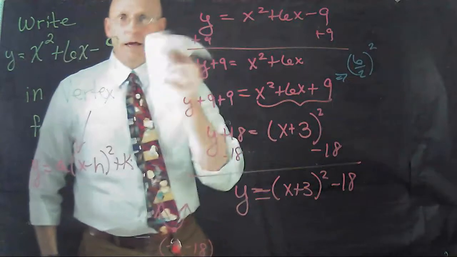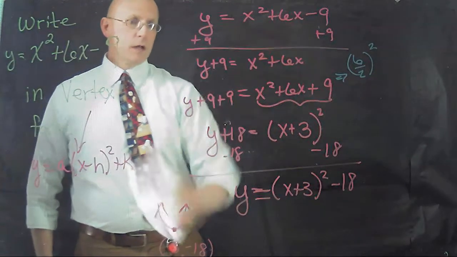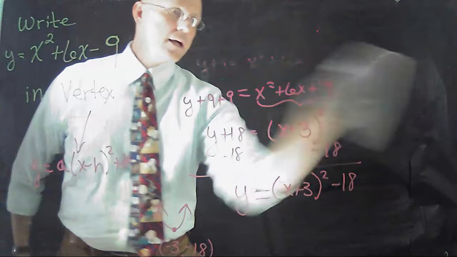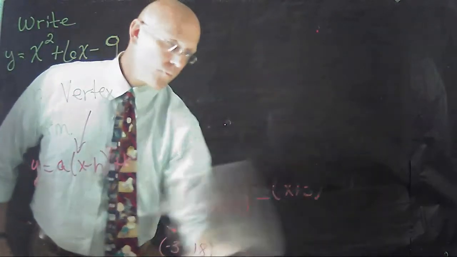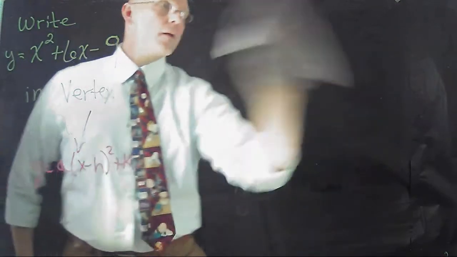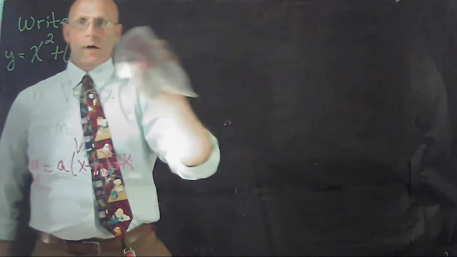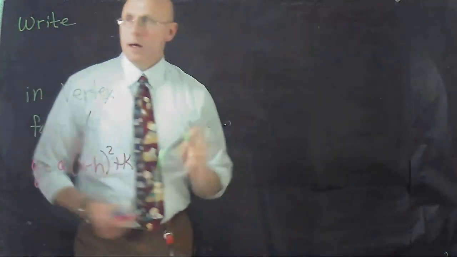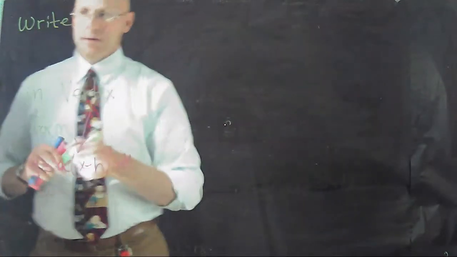We're going to do another one like this, okay? We're going to do another one where we write it in vertex form. So I'm going to erase this one and we're going to put a new problem in here. Okay, so I'm going to make this one look a little bit different.